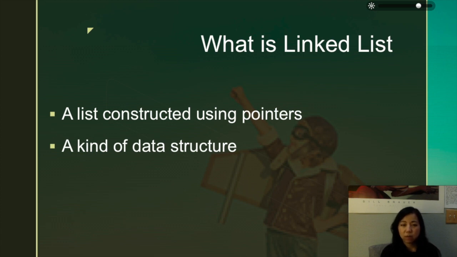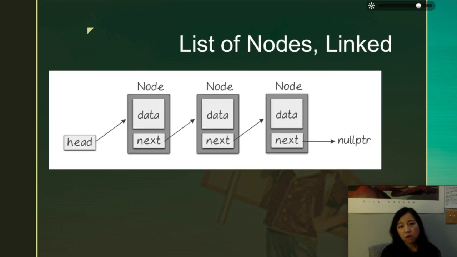We will actually talk about what data structure means, but I think showing you a graphic representation of what a linked list is may help you better than explaining it in words. So it's basically a list of nodes that's linked by pointers. So this is the head pointer. It's linked to a node.